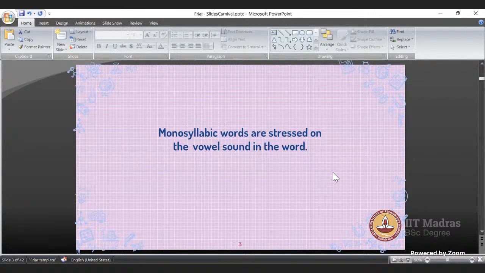Nevertheless, theoretically, your stress will fall on that one syllable, that one vowel sound that you have in the word, the only one that you have in the word. Okay, so nothing more intriguing here. Is that clear to you? Yes? Right, so this is the easiest and the most straightforward one.